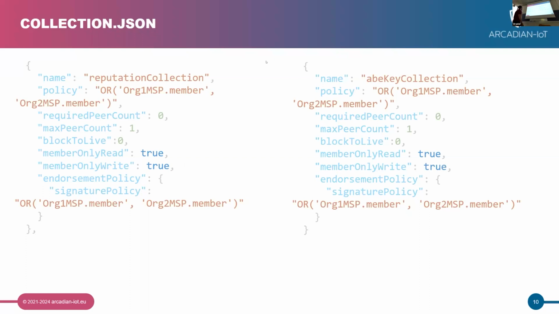Block to live is whether the private information is going to live in more than one block. In this case, it's set to 0 because we need high privacy. Member only read is as the name says, and member only write the same. And the signature policy is the same as the policy above.